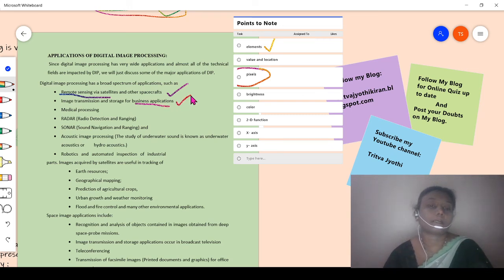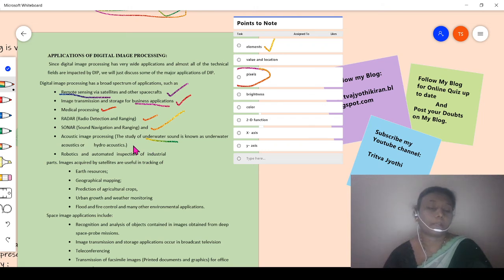Image processing is playing a major role in medical processing, within radar and sonar, and within underwater sound acoustics also.